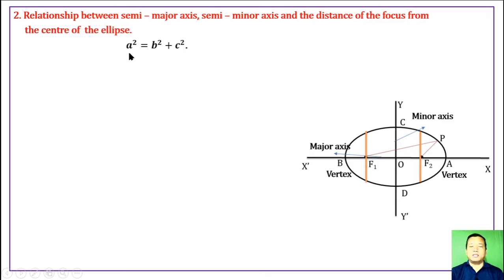Therefore, their relation is a square equals b square plus c square. Remember this result.